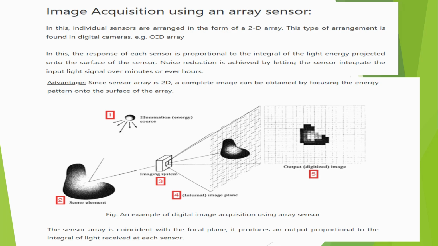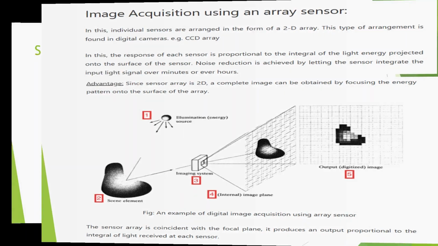The illumination is lighted onto the scene element, passing through the imaging system. The imaging system projects it onto an image plane, and we later obtain an output image that is digitized. The sensor array is coincident with the focal plane, and it produces an output proportional to the integral of light received at each sensor.